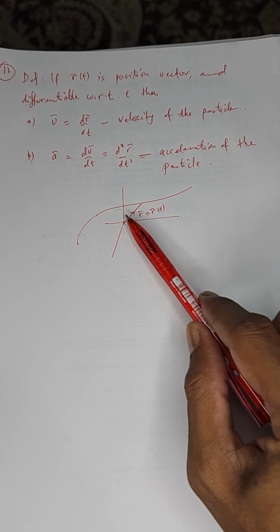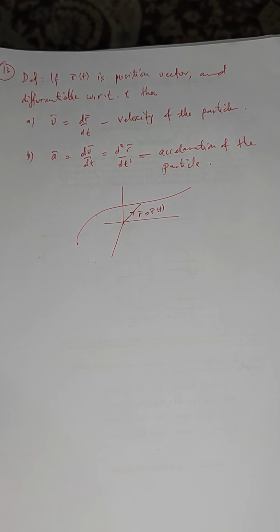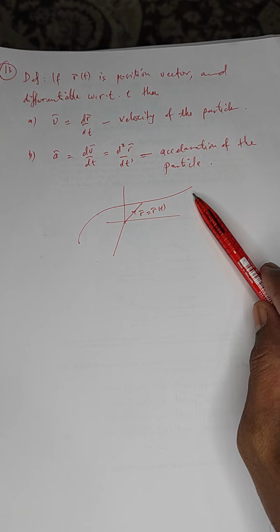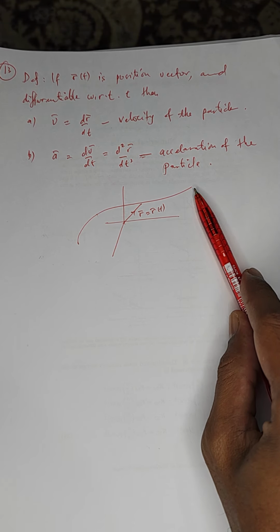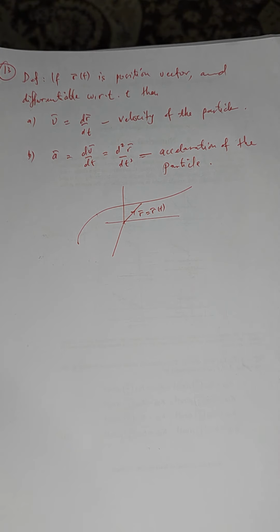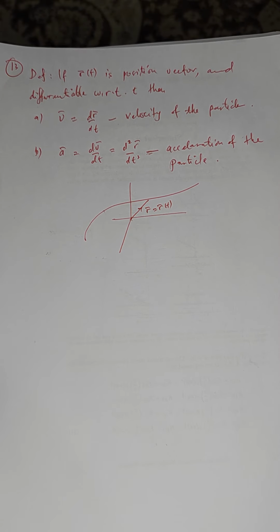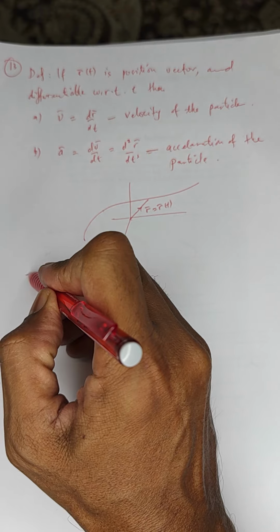If we point here, then r(t) is there. So with this we can evaluate the velocity of the particle from one point to the other, as well as the acceleration of that particle. Let me give you an example.